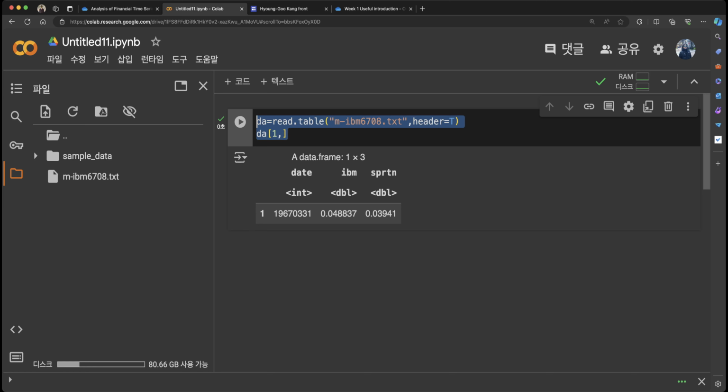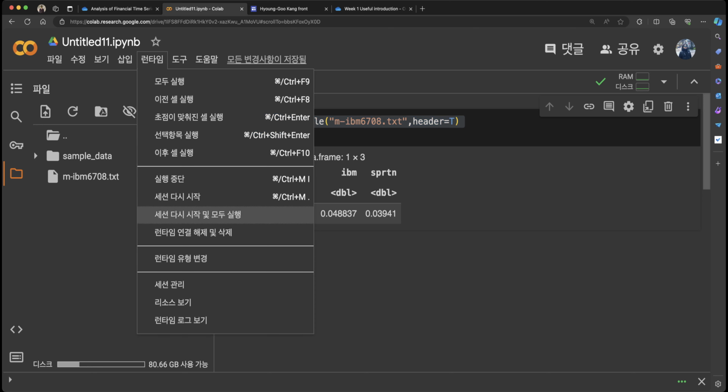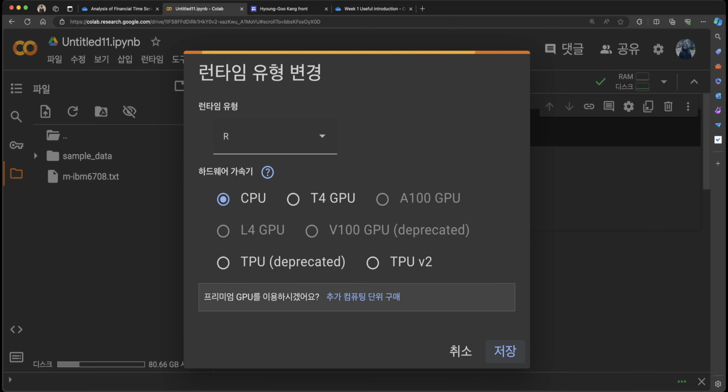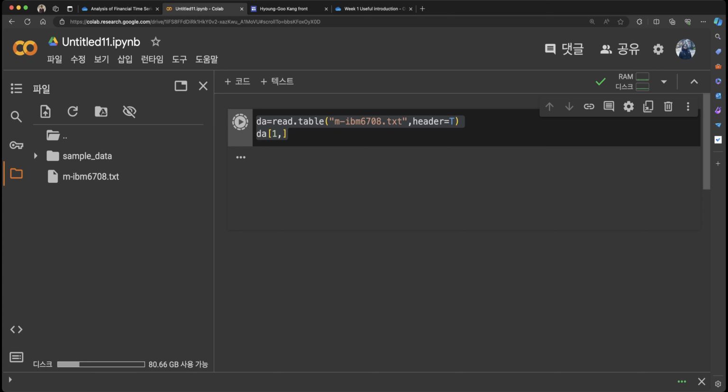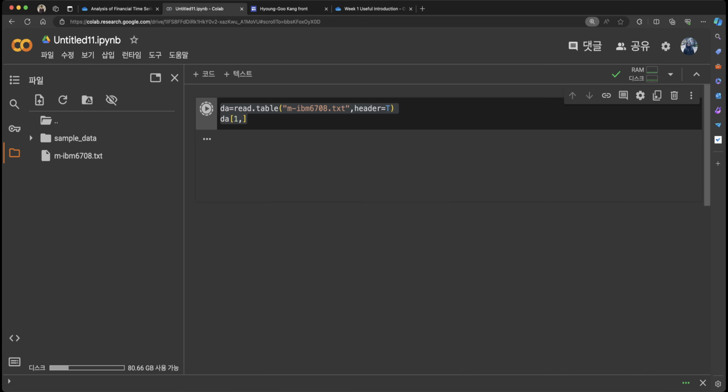If you transform this to Python, I can change the runtime again to Python 3. Then this should not work because it's Python. Yeah, this is Python, it should not.